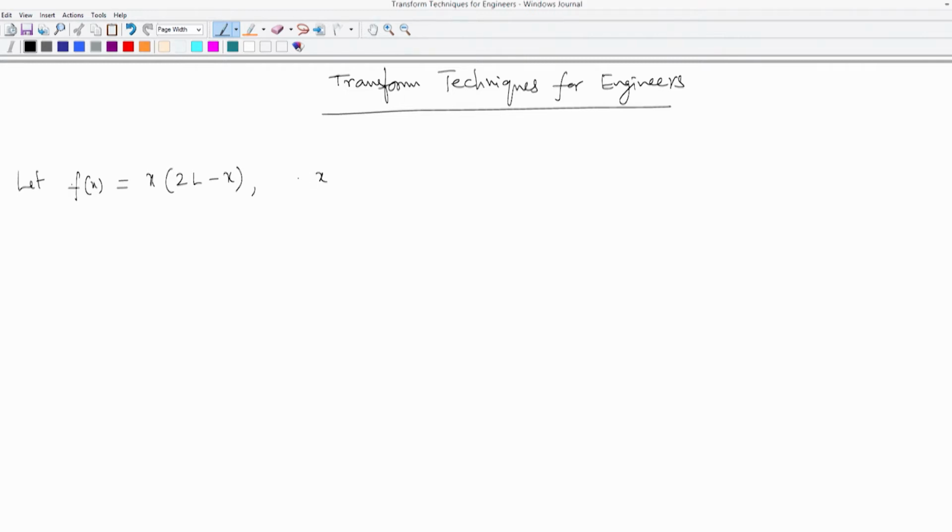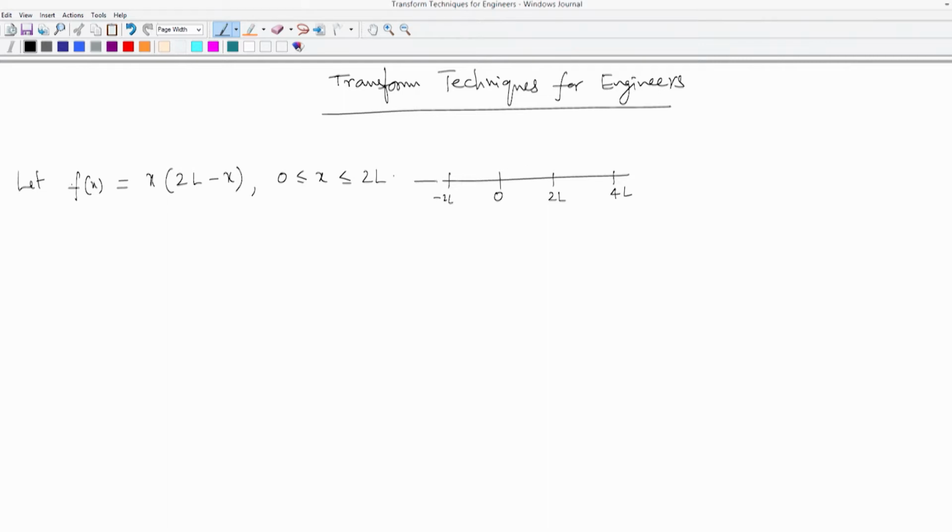So you can say that it is defined over 0 to 2L. If you view this as a periodic function over the real line, it is going to be 0 to 2L and 2L to 4L, and similarly 0 to -2L and so on.